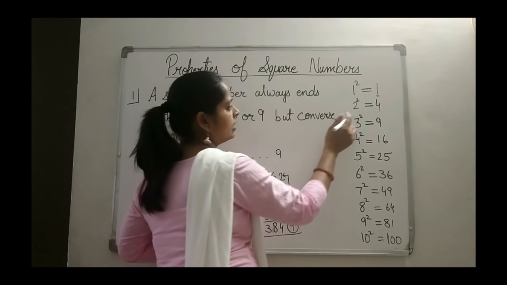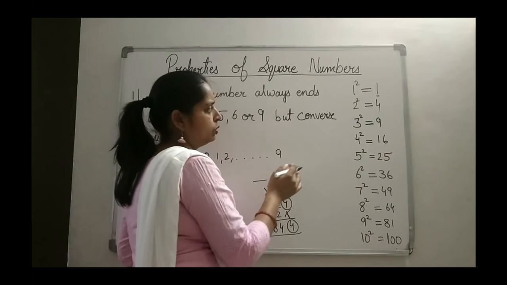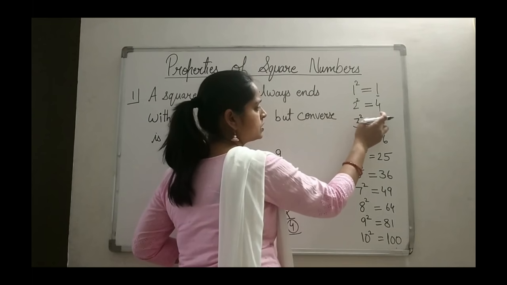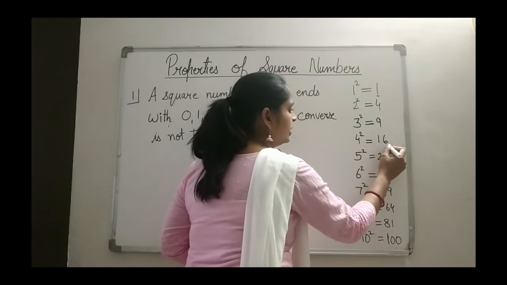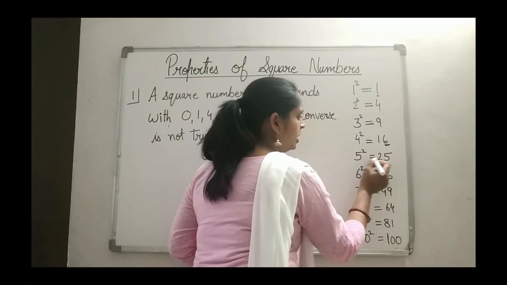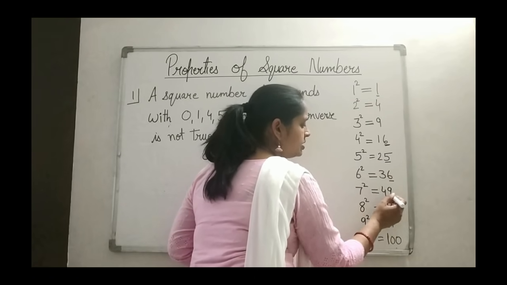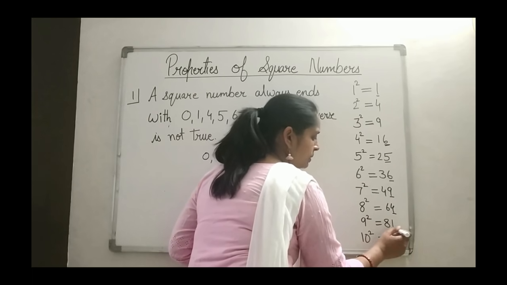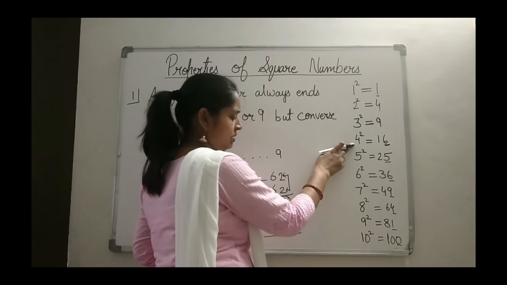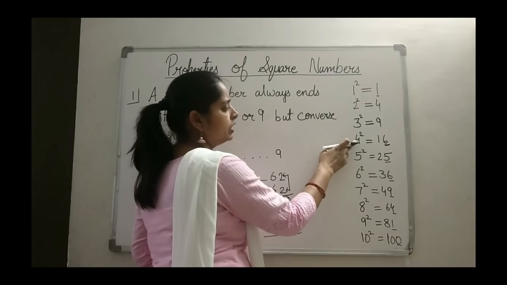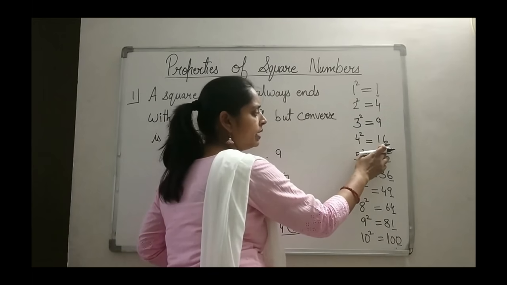So just see the square numbers from 1 to 10 written over here. You all know the square of 1 is 1, square of 2 is 4, square of 3 is 9, square of 4 is 16, so the number will end by 6. The square of 5 will end by 5. Here 6, here 9. Just see the ones place. So if any number is ending by 4, means the number has 4 in the ones place, then the square of that number will end by 6.